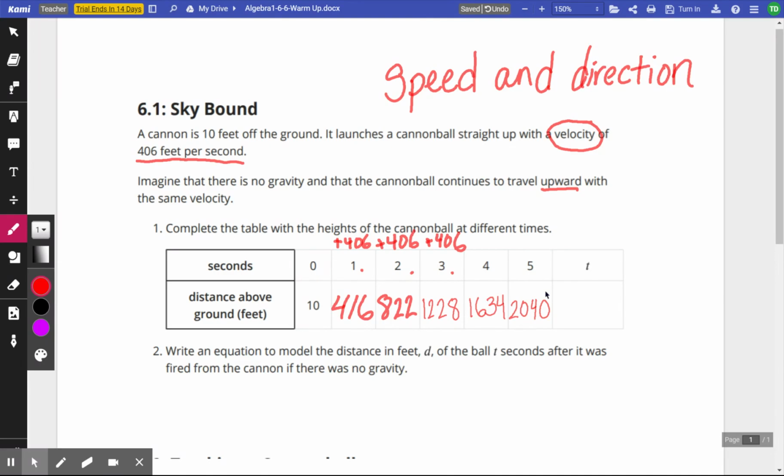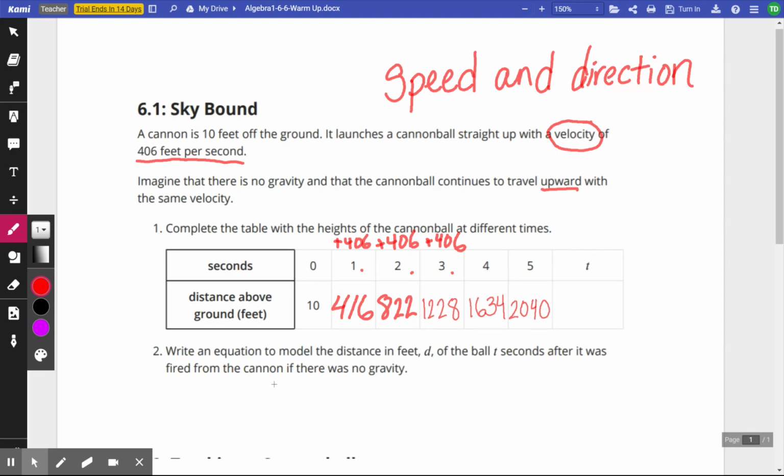It just gives us the variable T. So I kind of have to figure out, well, how am I supposed to do it with T? I know how to do it per second, but now it's basically saying for any second T. Well, what did I do initially? I added 406 each time. So since I added 406 each time, it doesn't matter what second I was on, it's always going to be multiplied by 406.